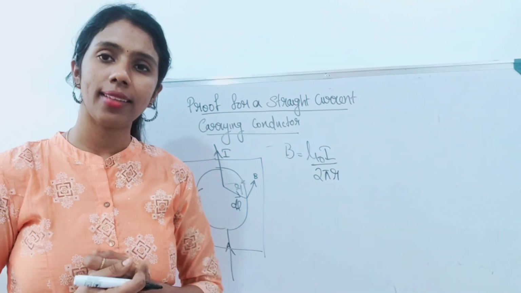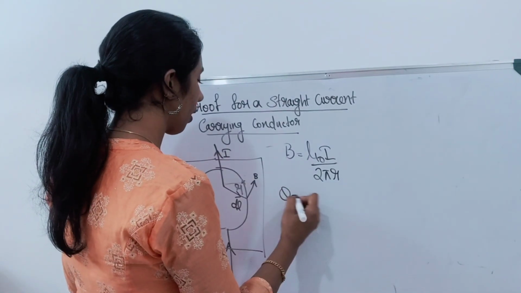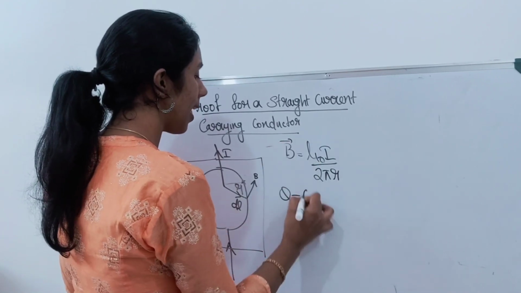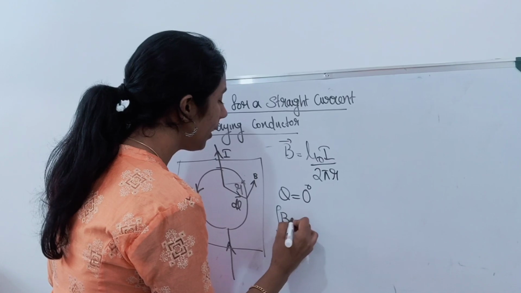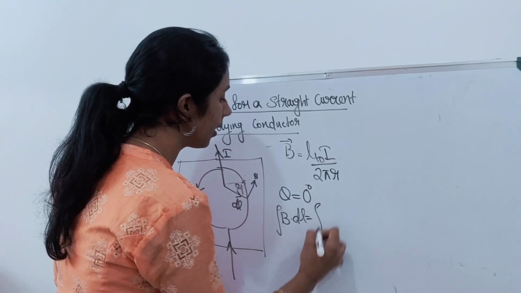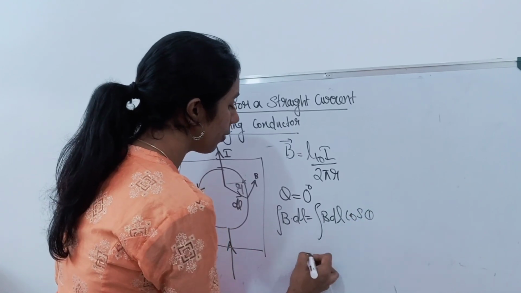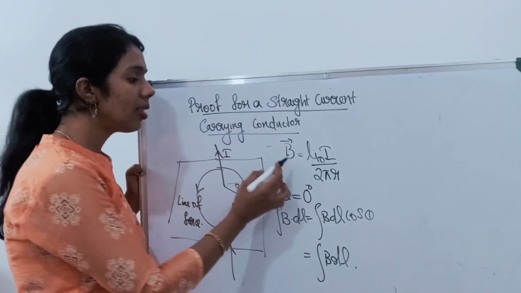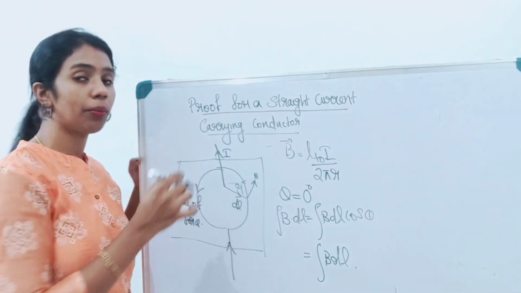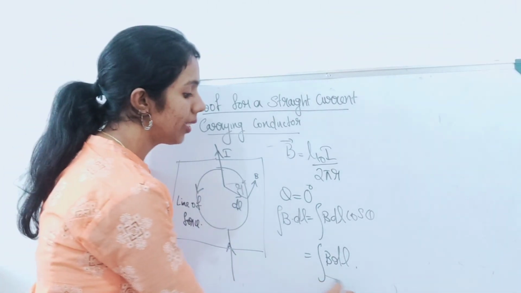Since both are tangential, the angle between the magnetic field and dl is 0. So integral B dot dl is integral B dl cos theta, and since theta is 0, it becomes integral B dl. This magnetic field B is equal to mu0 I by 2 pi r, and I am going to integrate with respect to dl.